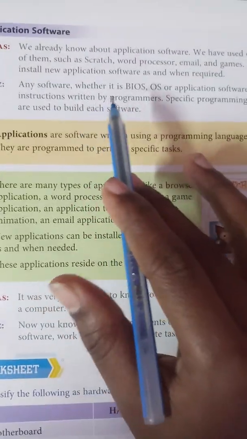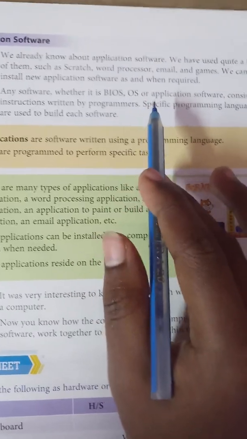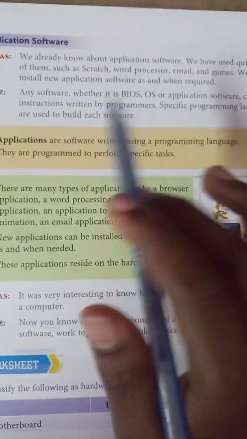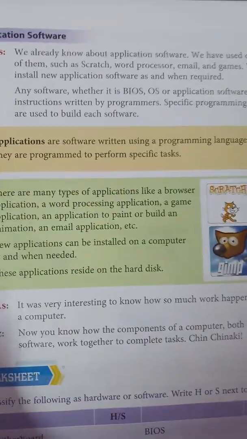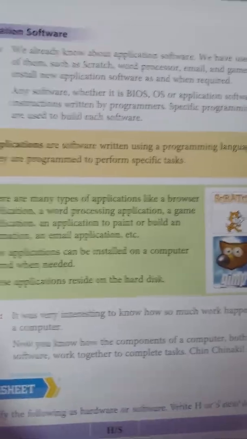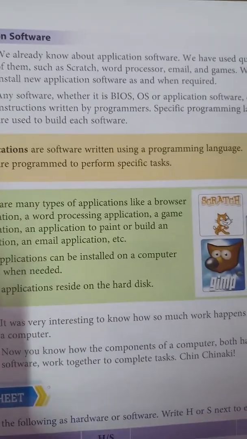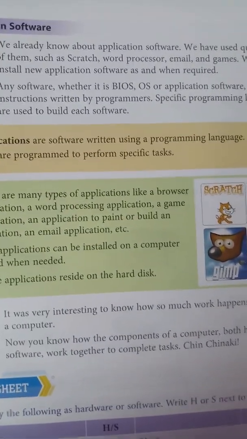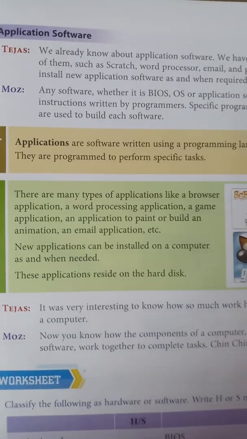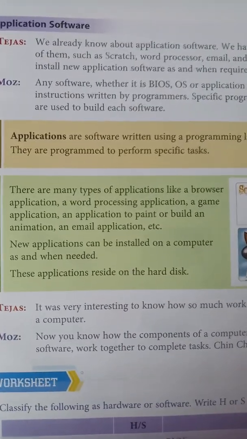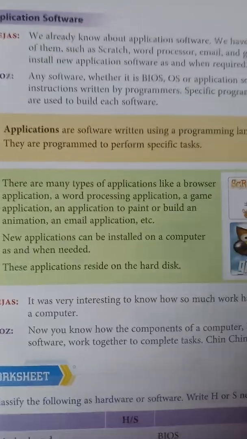Any software, whether it is BIOS, OS or application software, consists of instructions written by programmers. So each app or OS has a program, coding. The programmers write this coding. Without the coding, the software application cannot run.